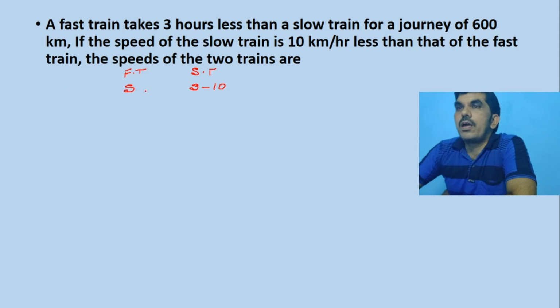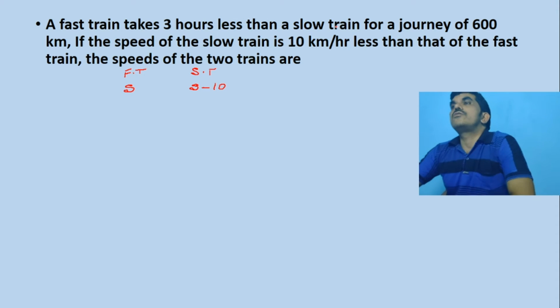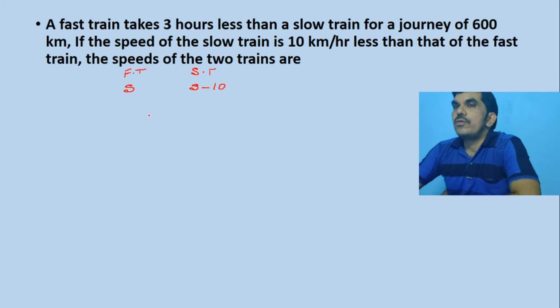Speeds. Now, what is given? A fast train takes 3 hours less than the slow train. So the slow train takes more time. So what is the time and speed relation? Distance is the same.